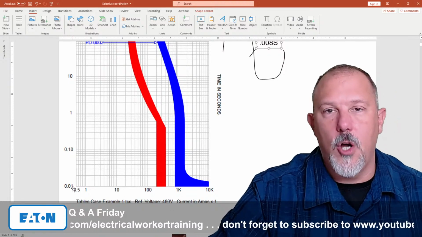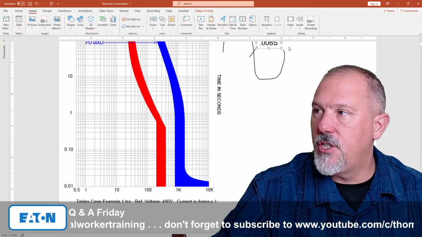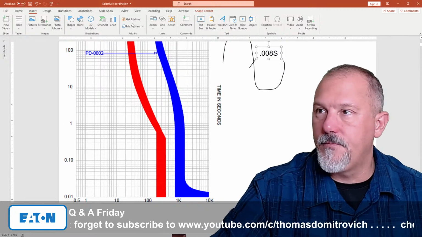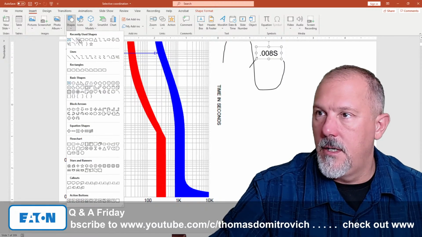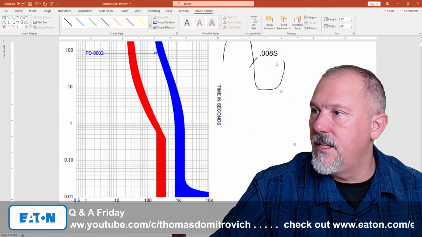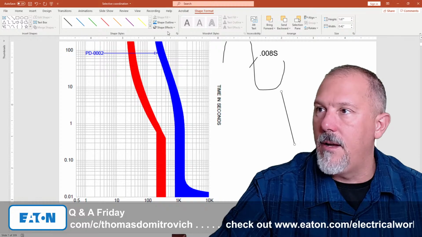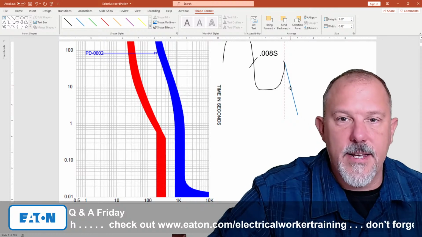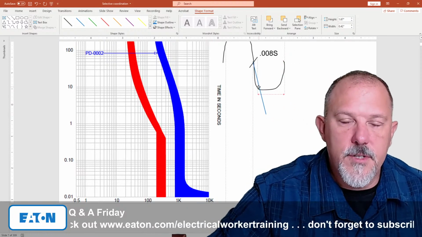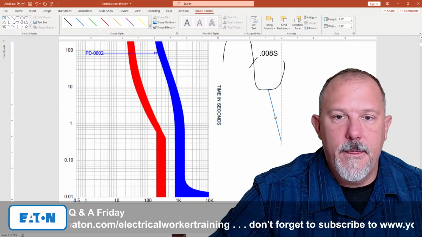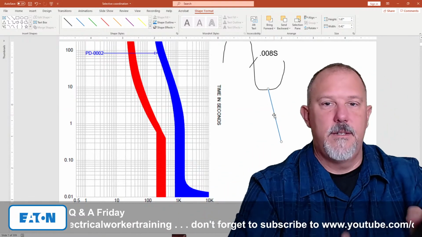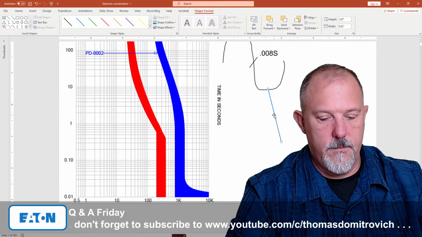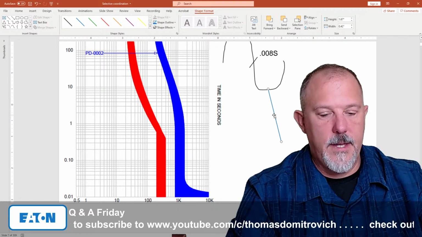You're starting at 0.01 seconds, which is probably somewhere around, if this right here is 0.016 and this is 0.008, 0.008 plus 0.004 is what? 0.012.